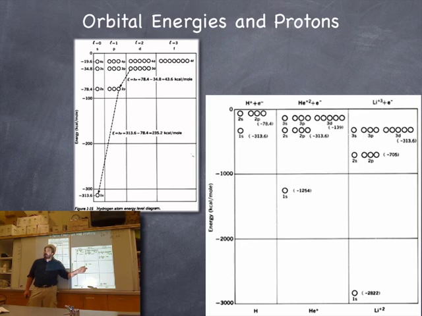And to go from 1s to 2s is a much, much larger jump for lithium. The more protons you have in the nucleus, the stronger the electrons are attracted, the more energy it takes to cause them to jump up. Okay? This is driven by the attractive force of the positive protons for the negative electrons. That's what causes this change in the energy levels. More protons, greater attractive force, harder to pull the electron away.